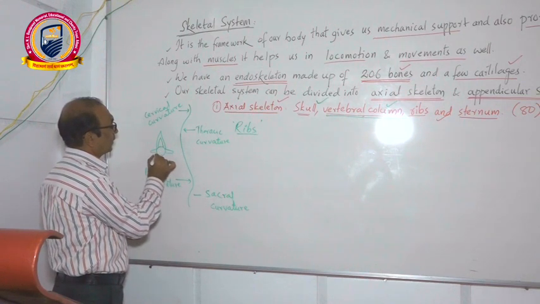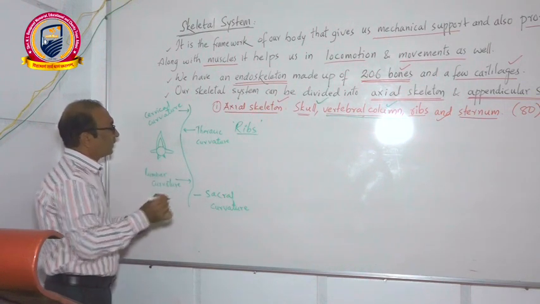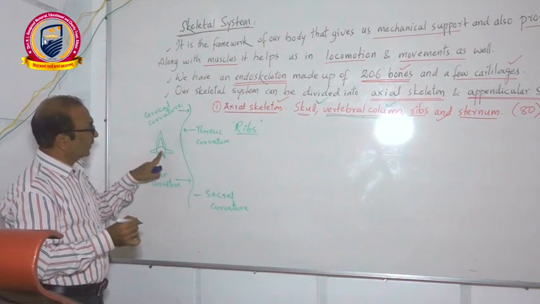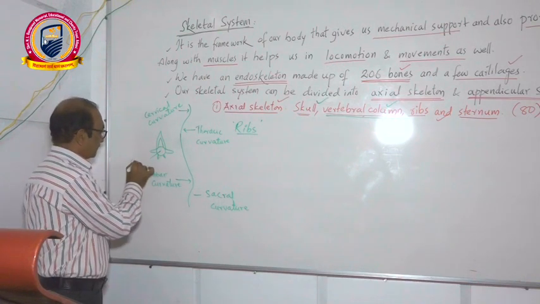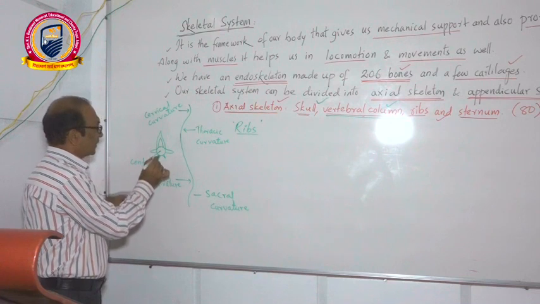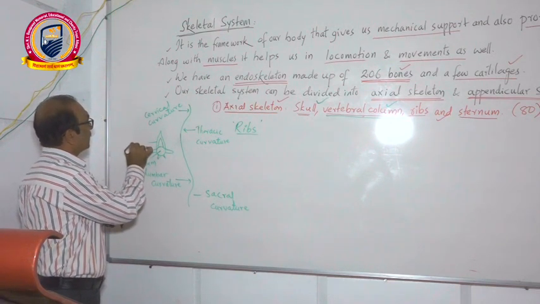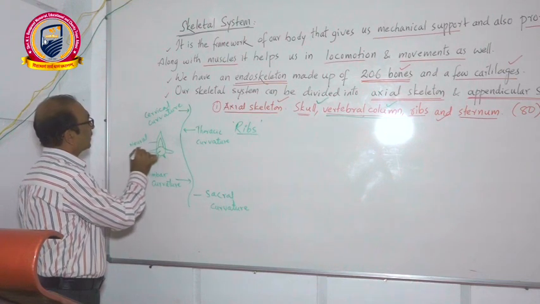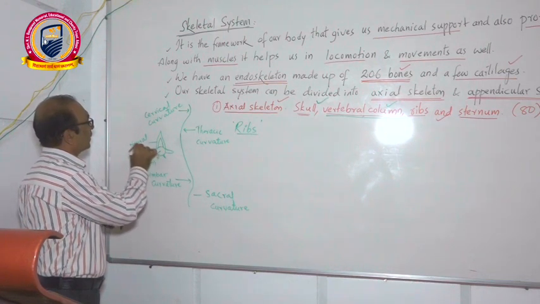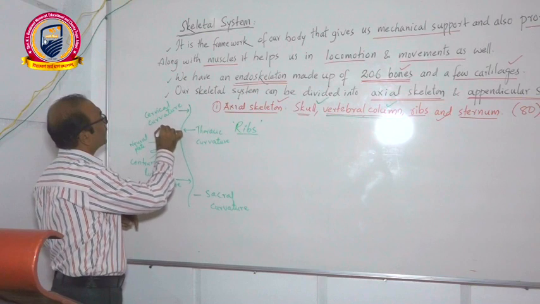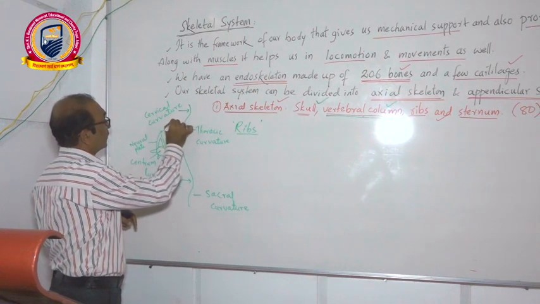If you take up a typical vertebra, this is called the centrum, and these are the neural plate, neural arch, or neural spine, right?